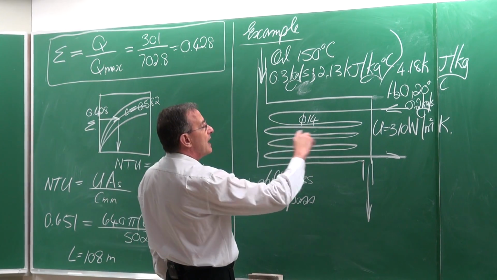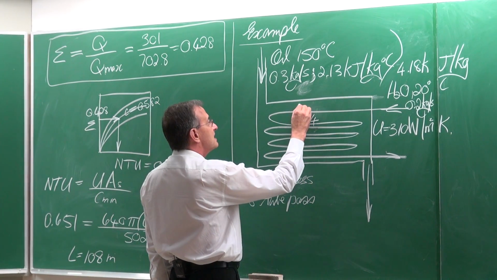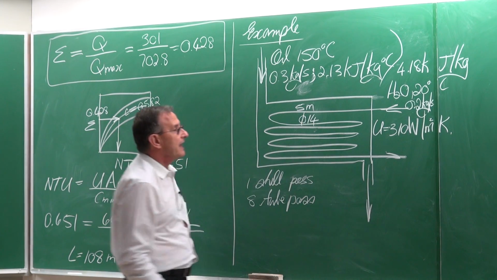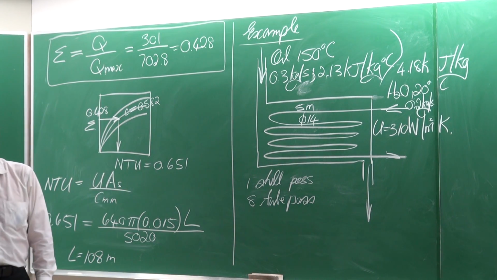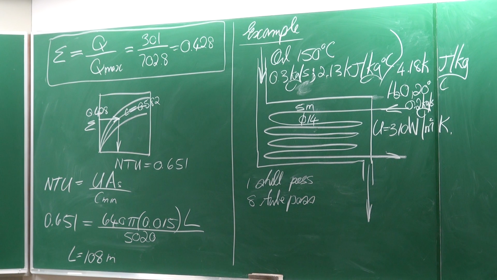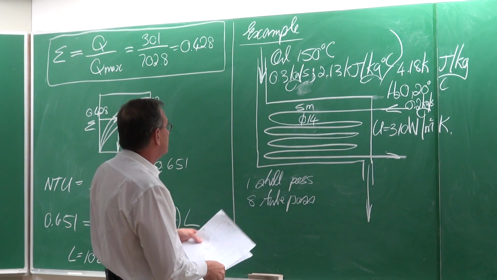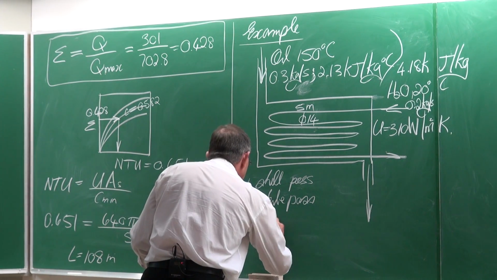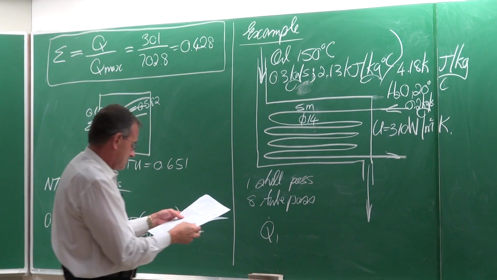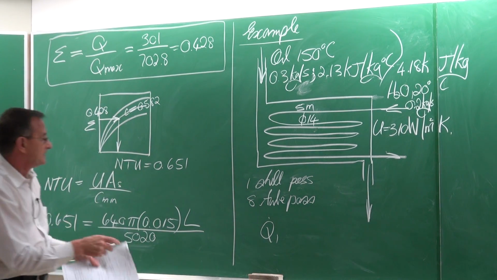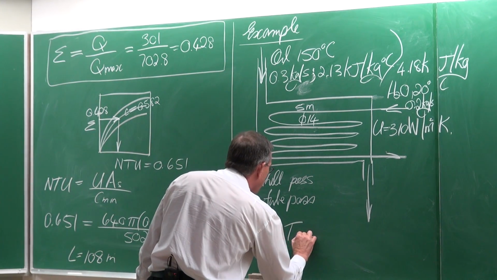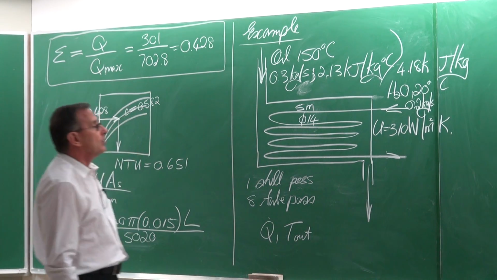The tube diameter is 14 millimeters, and each of the tube lengths is 5 meters, each one of them. And the question would be, let's determine the heat transfer rate and the outlet temperatures of the oil and the water.